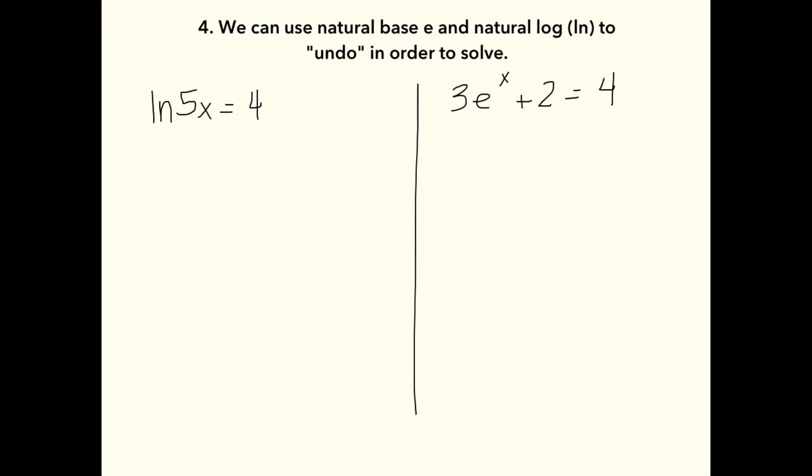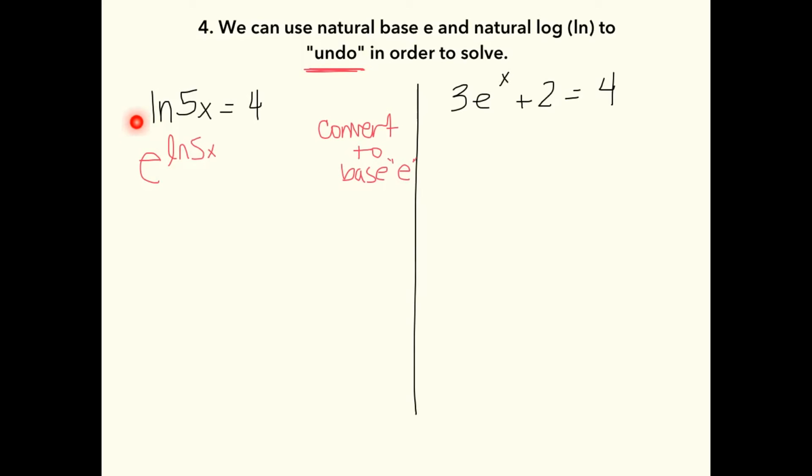Now one last thing about natural base e and natural log is that we can use them to, quote, undo in order to solve the problem, or to solve for x. So let me show you what I mean by that. Here we have natural log 5x equals 4. So over here you can convert to base e. So what that means is if I put a base e and raise it to what's there.